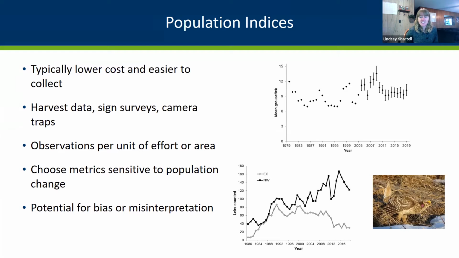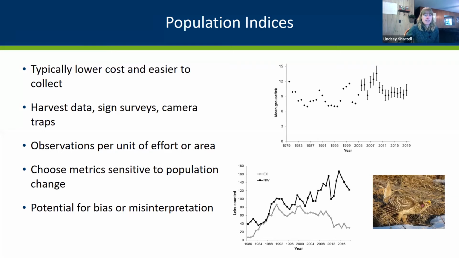A good example is the Sharp-tailed grouse survey. The index that we use is the mean grouse per lek surveyed. And if you look at the statewide estimate of this index, it looks like things are relatively stable over the past 10 years.